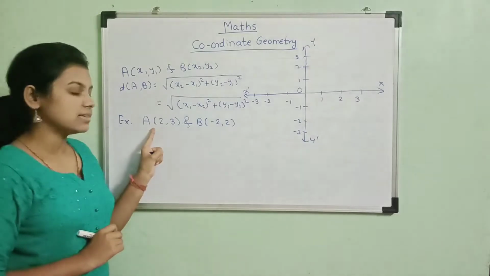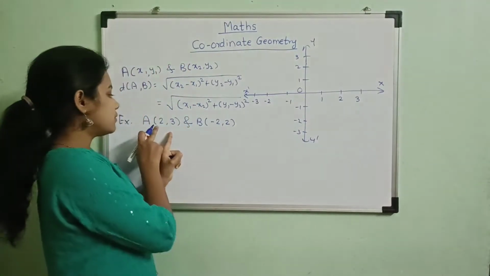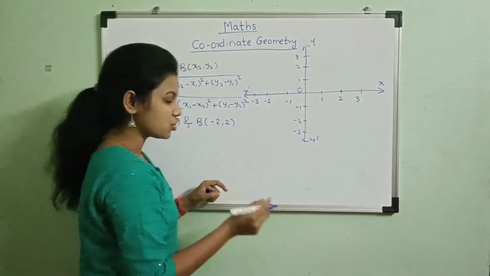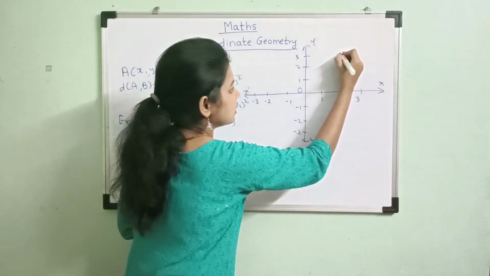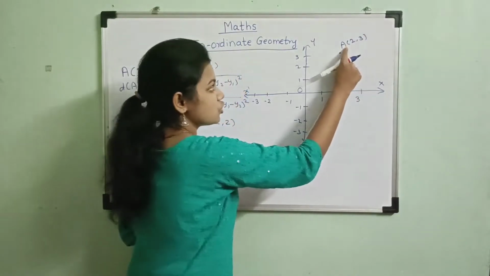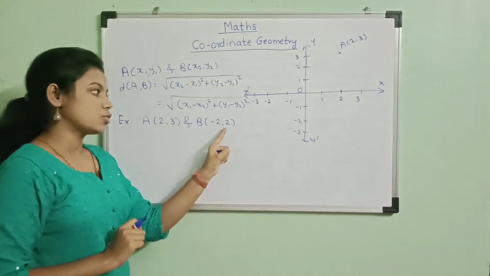First we want to represent the point A, 2, 3. What is the meaning of that? First we have to move 2 units in the positive x direction, and then 3 units in the positive y direction, till here. The position of A 2, 3 is this. And how to represent the point -2, 2?